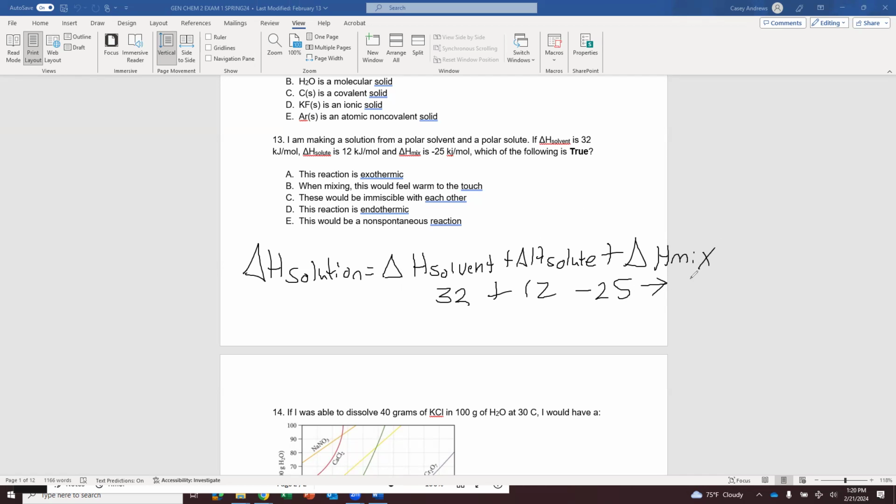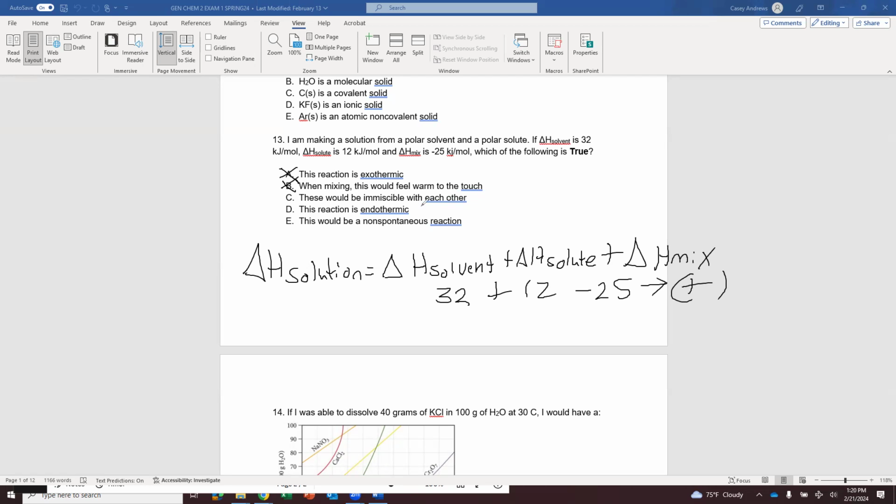That is some positive number, right? Since it's a positive number, is this reaction exothermic? No. Exothermic would be a negative value, so it can't be exothermic. When mixing, this would feel warm to the touch? No, that's what exothermic means. These would be immiscible in each other?